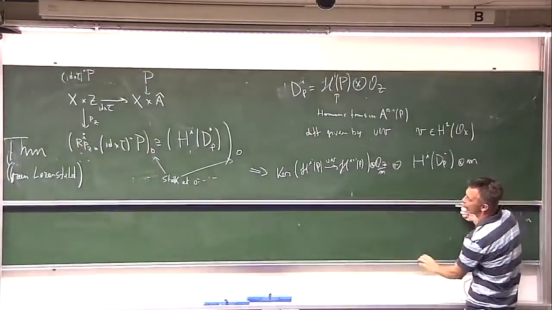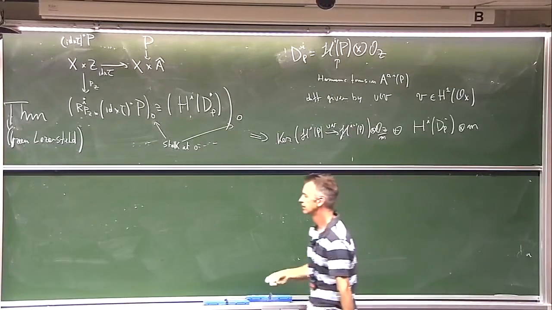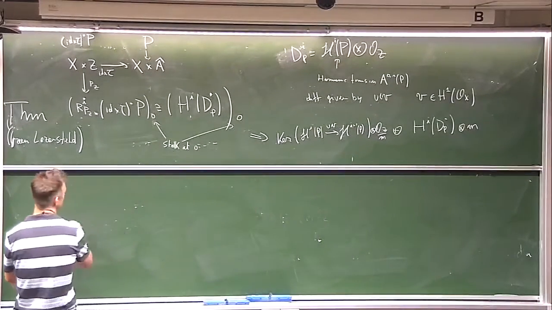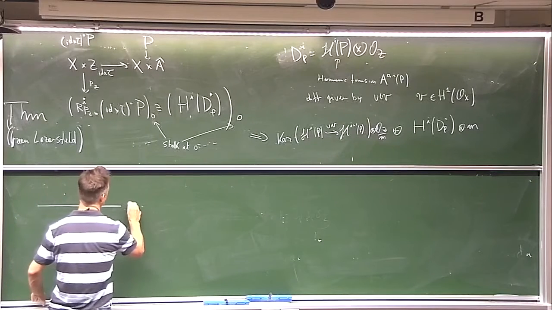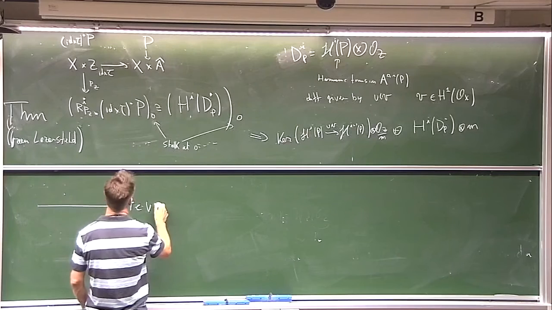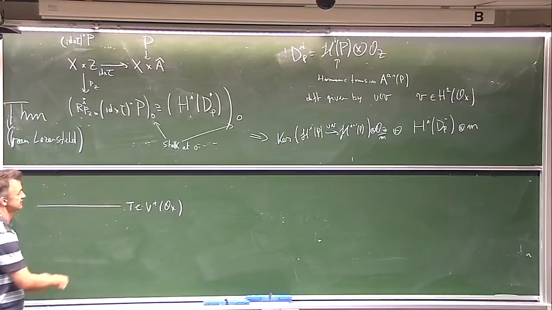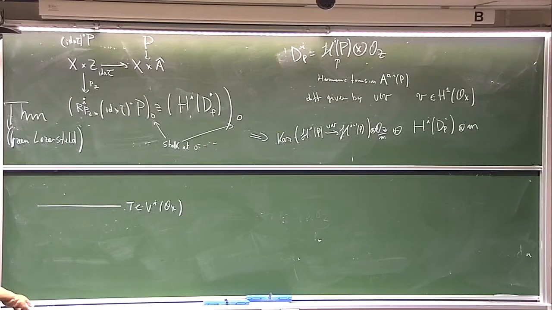So I'm going to illustrate it now. Now we know that these loci T are contained in V^i of O of X, the way it's stated here.